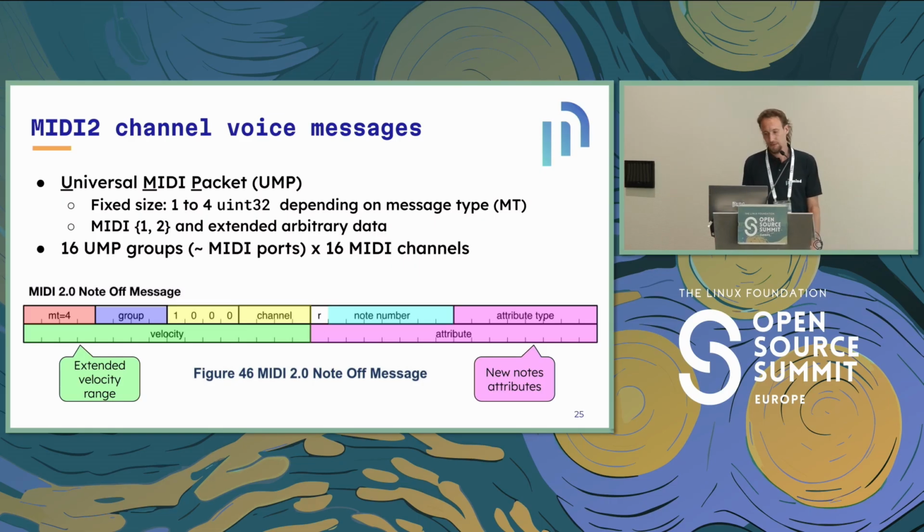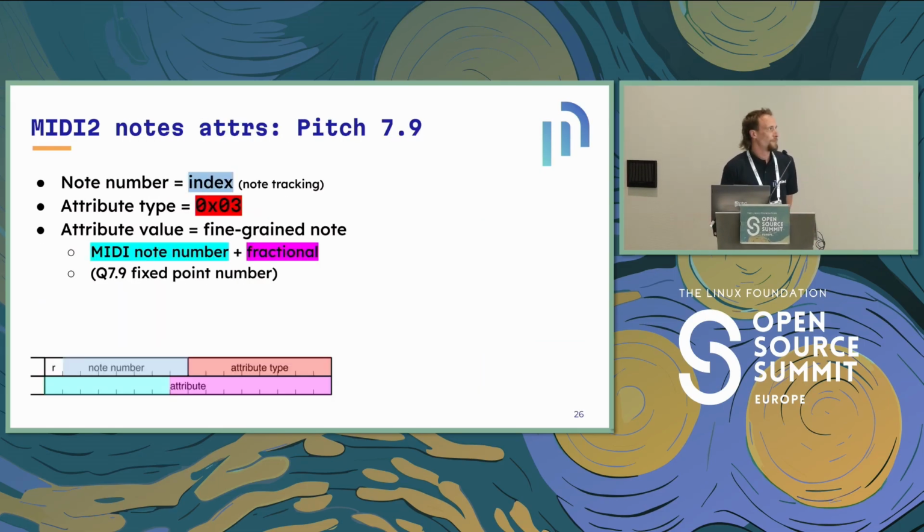And also there's a new attribute field, where you can put several different things. Depending on the attribute type, one example is called Pitch 7.9. It's attribute type 3. And this allows you to have more fine-grained notes.